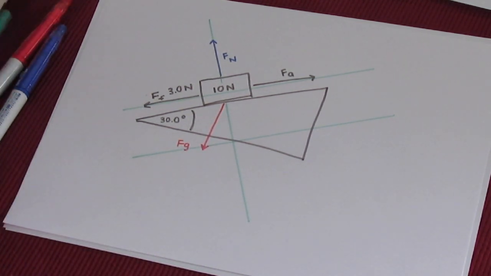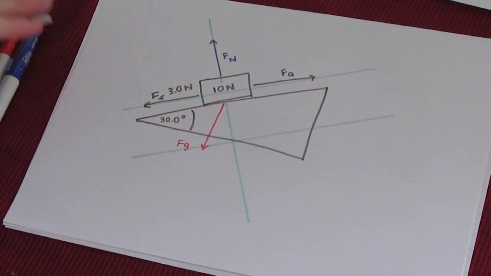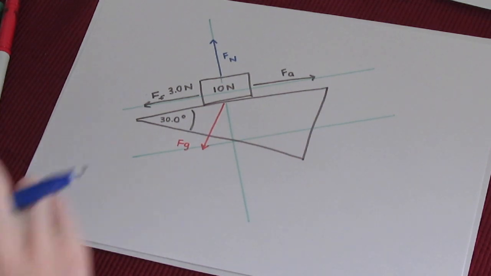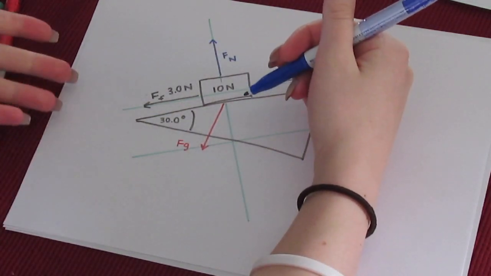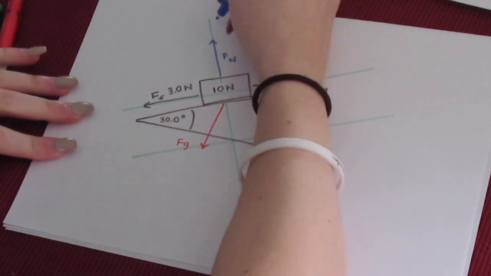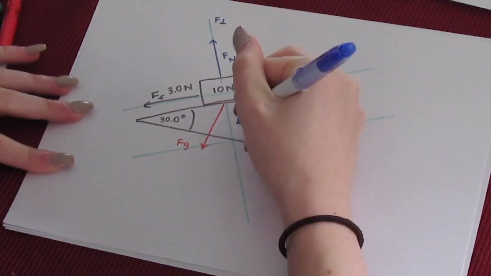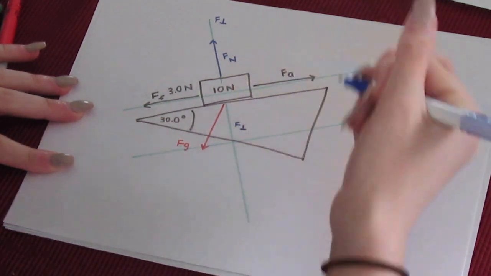So I'm going to label this line. I'll do my force parallel. I'll do my force perpendicular in blue because your force perpendicular is basically the same as the normal force. So this is the force perpendicular.